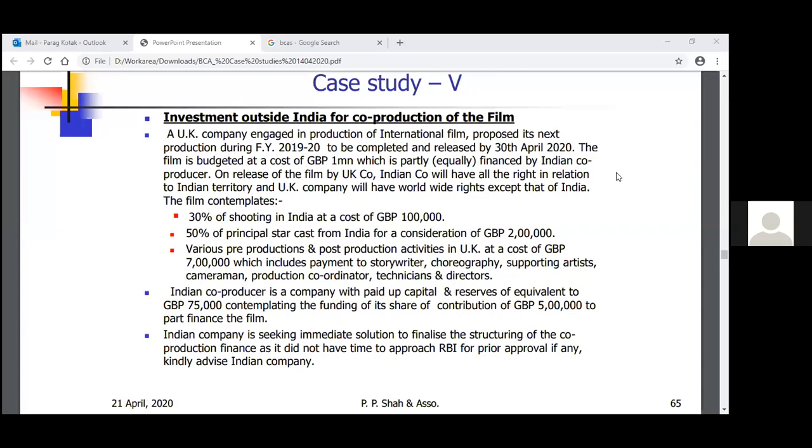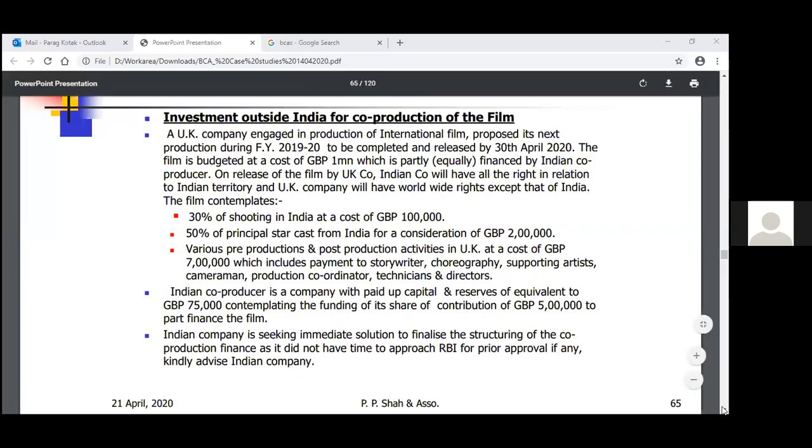So how to structure this transaction in order to do it efficiently? Of course, it's a webinar mode, so I don't want to ask questions to the participants.